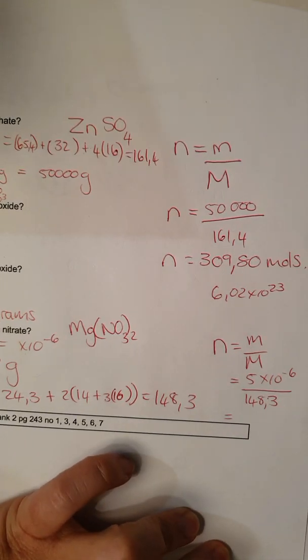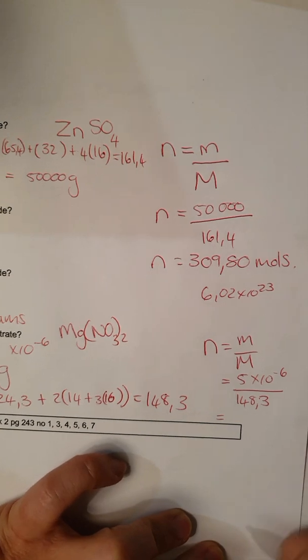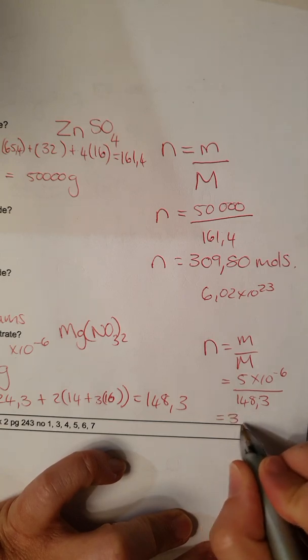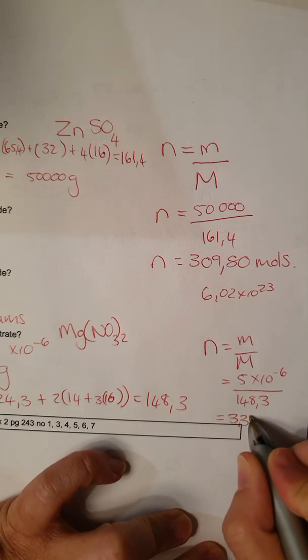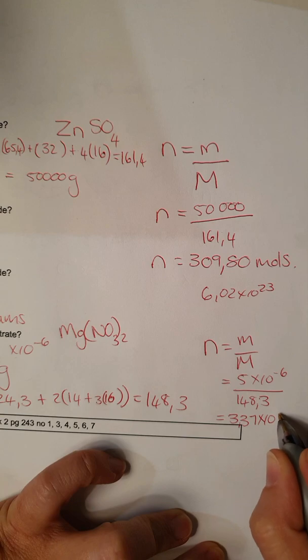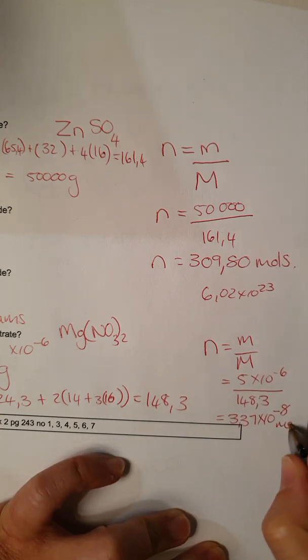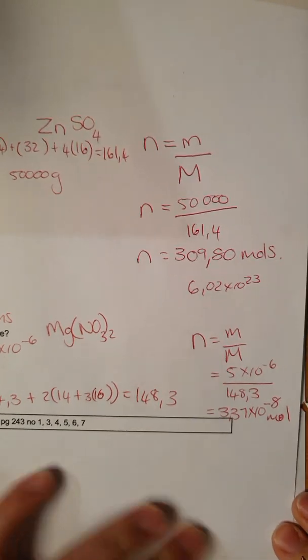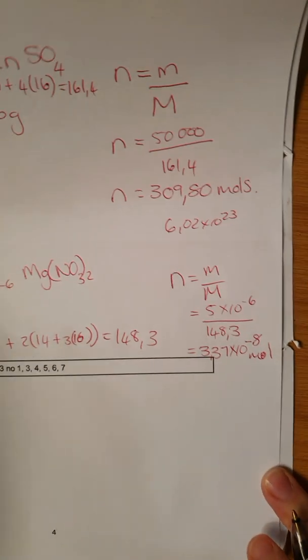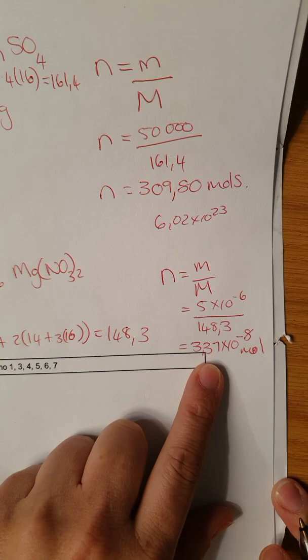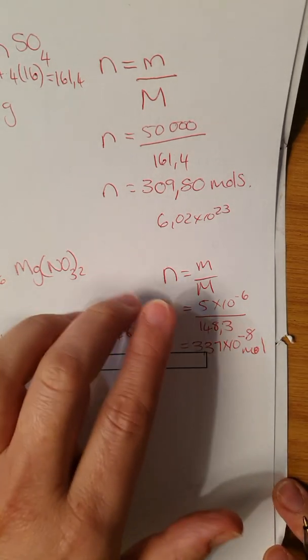Okay, let's just get this answer quickly. Divided by 148.3. Okay, and I get 3.37 times 10 to the minus 8 moles. All right, so there we have it. It's a very, very small fraction of that very, very big number.